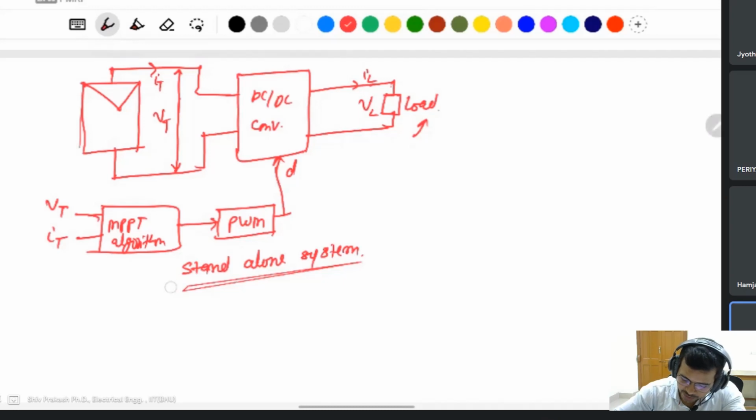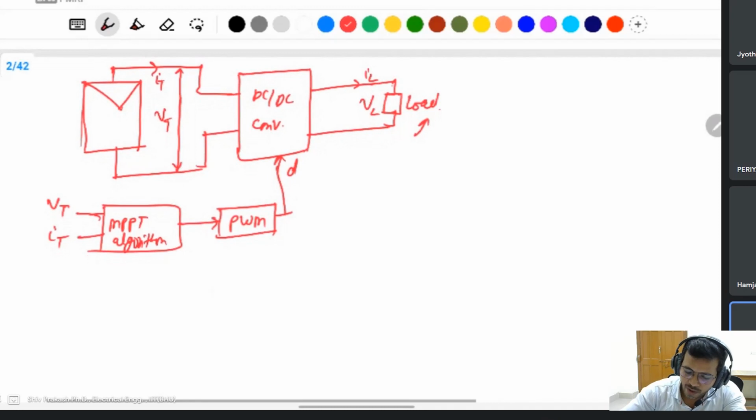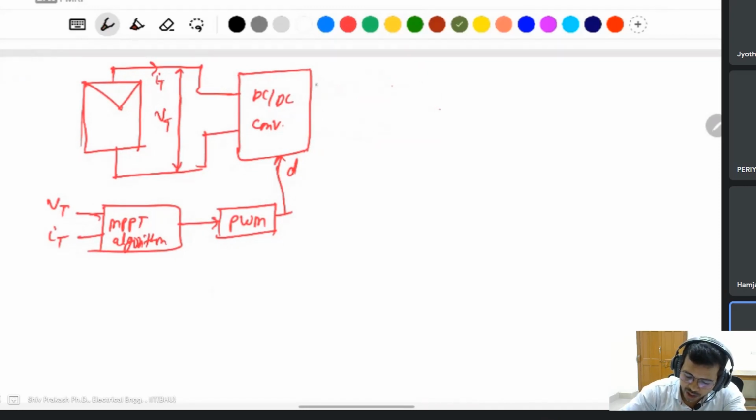In the PV system, it is the same. And in modern times, sometimes you simply use a DC converter. After the converter, you use an inverter here.